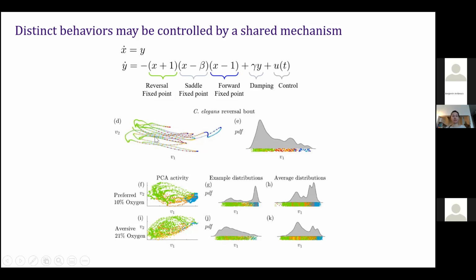So for example, you need to have that kick or transition to a forward swimming state, but the forward swimming state also needs to be stable. You have to have a stable attractor in the neural dynamics. And if it's not stable enough, then the dynamics will transition back to the backward swimming state. So this may show that there are different mechanisms that are responsible for the transition to the forward swimming state, but then also stabilizing the swimming state.